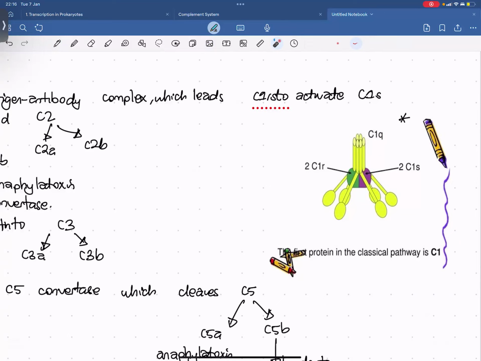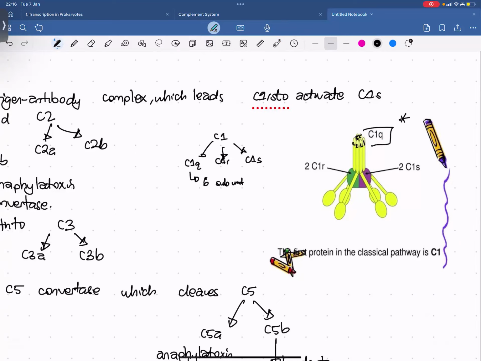As I told you previously, C1 is a complement protein that is made up of C1q, C1r, and C1s. And I told you in a previous video that C1q has 6 subunits, which I think you can see here. You can count 1, 2, 3, 4, 5, 6.